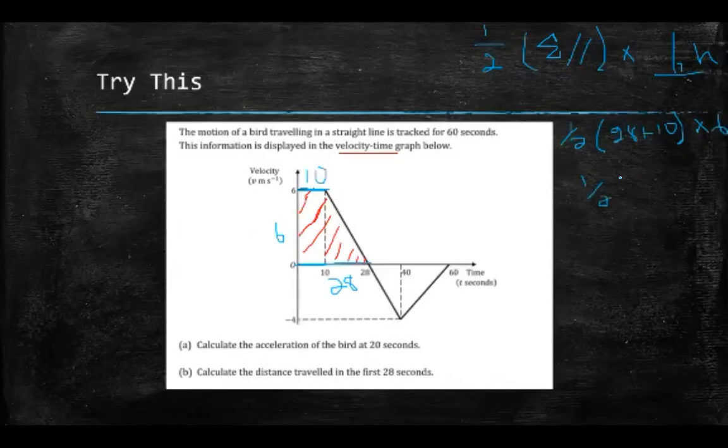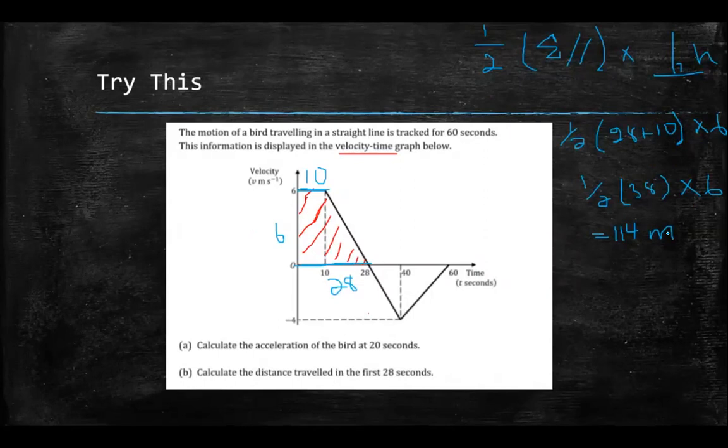Simplify this. Half of 38 by 6, and you should get 114 meters. Remember, we don't put the unit meters squared. I know you might be tempted to because it's basically the area. Well, it is the area formula that you're using, but that's not what we want.